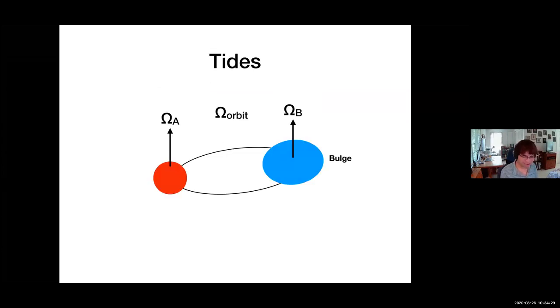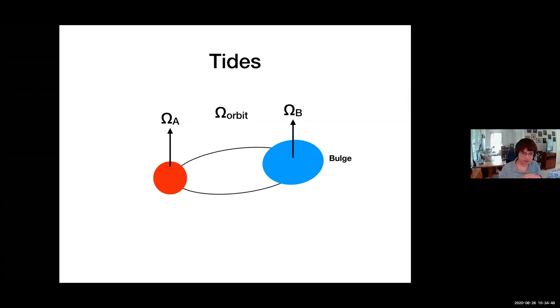So just as a quick overview of what we're thinking about in terms of tides when there's no differential rotation, you have two stars. They have their own angular velocities, which may be different from one another, and may be different from the orbital angular velocity as well.